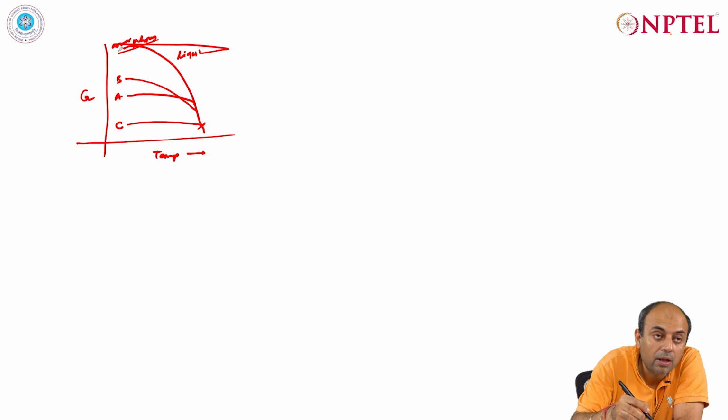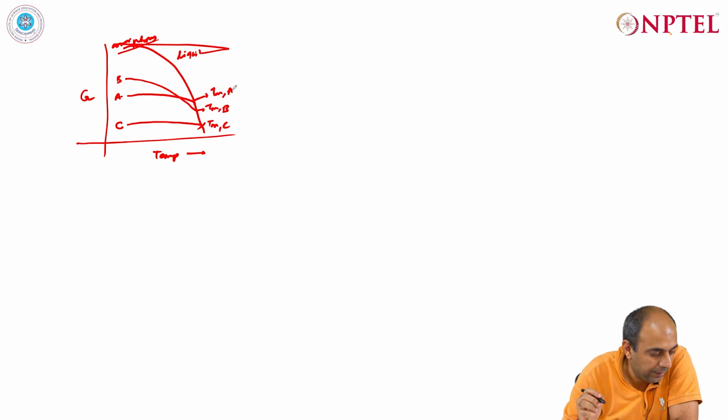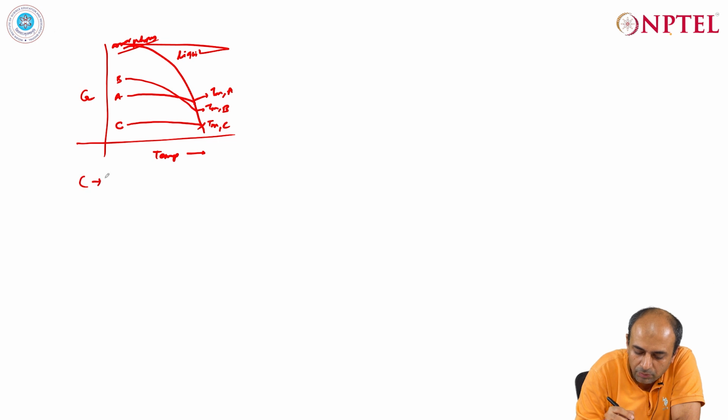The amorphous phase is characterized by the highest value of G, and the region where the solid line cuts the liquid phase is the melting point of C, this is the melting point of B, and this is the melting point of A. So independently we can see that C is the most stable form.